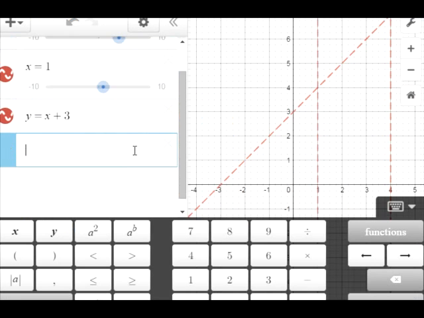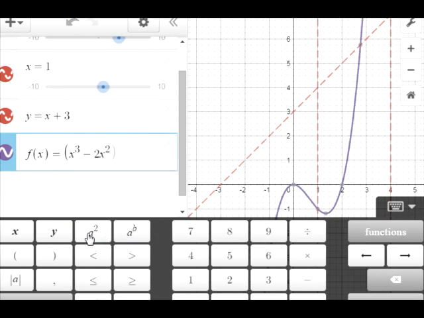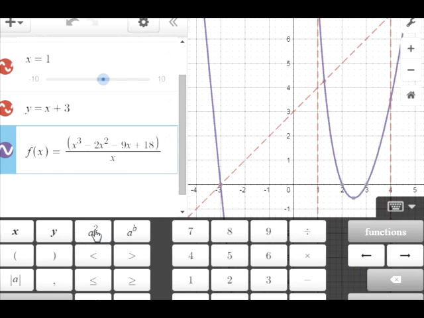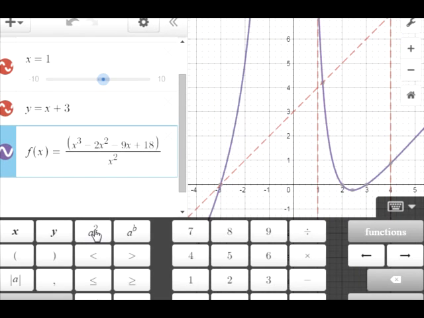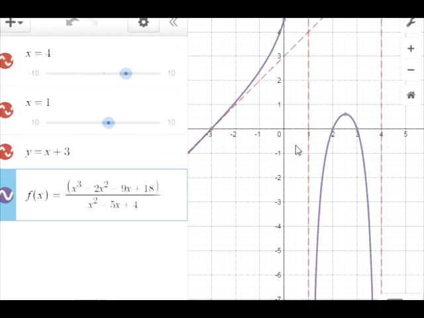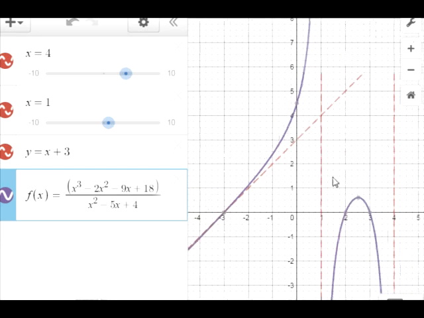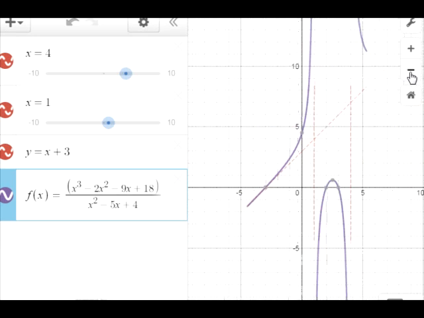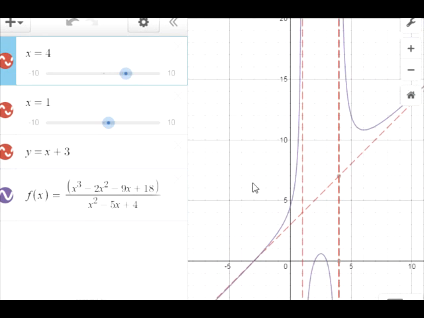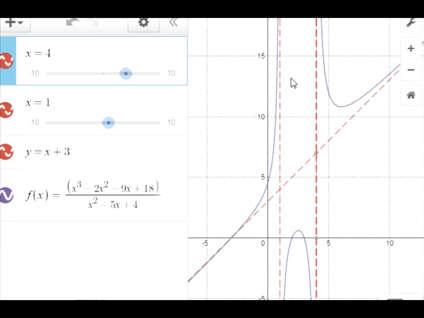So I'm going to say this equation is f of x equals bracket x cubed minus 2x squared minus 9x plus 18 divided by x squared minus 5x plus 4. Alright, let's see how this graph actually looks here. Let me try and zoom out a little bit. There's the asymptotes right there.